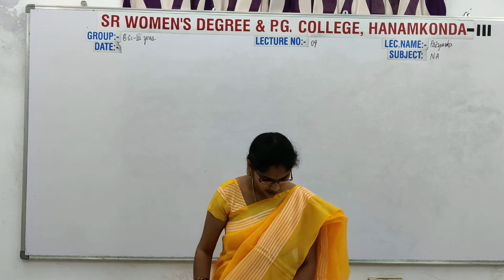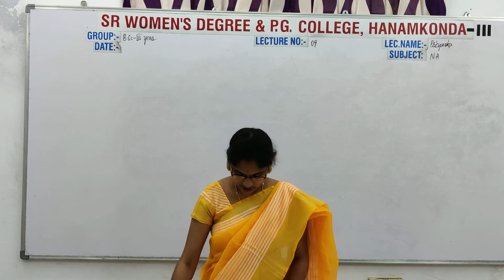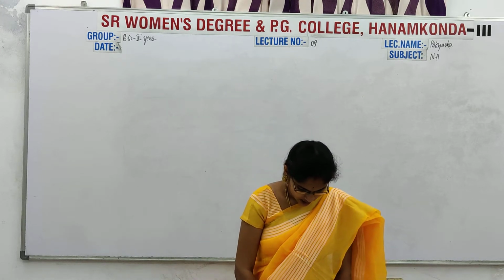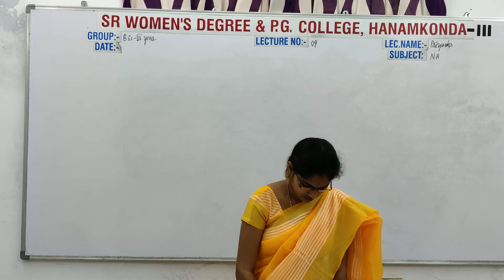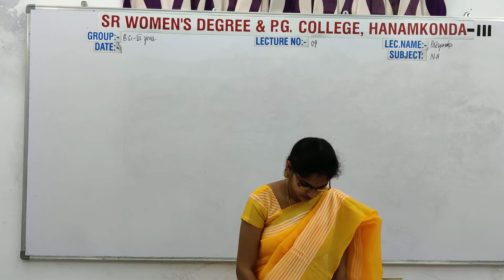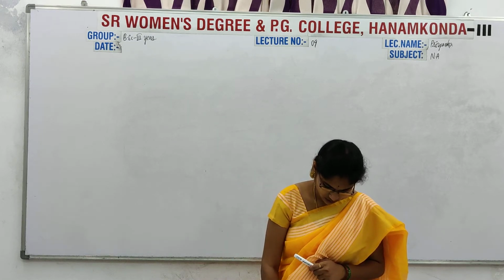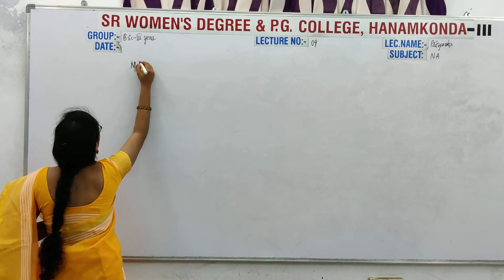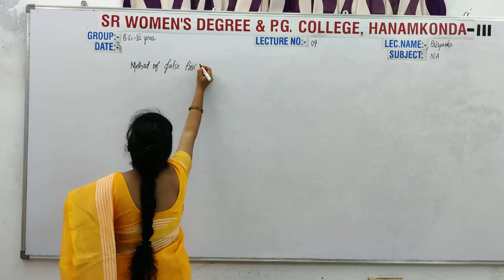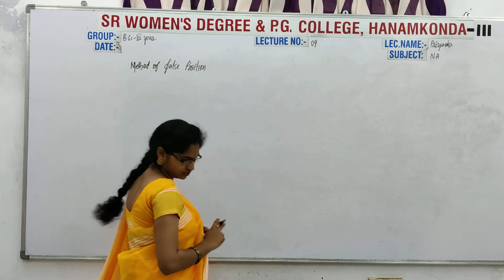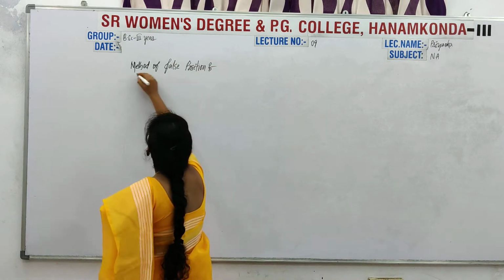Now just put a side heading: the method of false position. Method of false position. So again it is a new method, no?